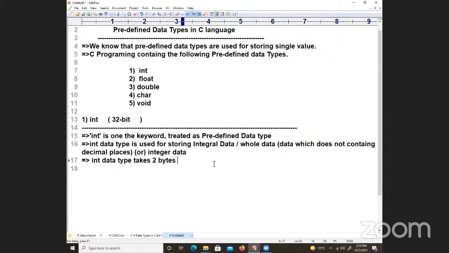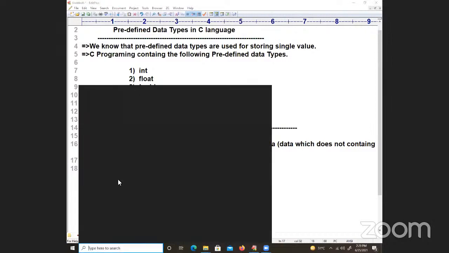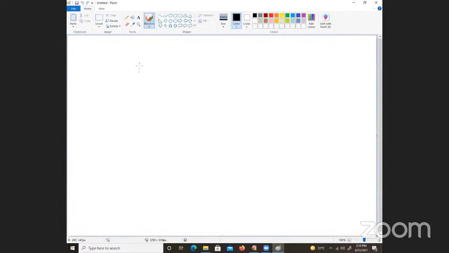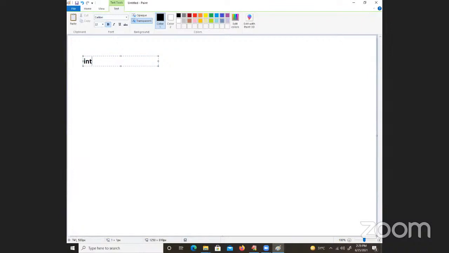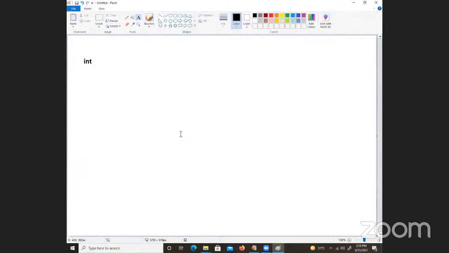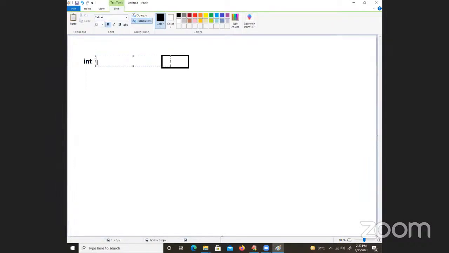2 bytes. Dear students, I just want to give clarity. When 2 bytes of memory space are taken, let me give you one wonderful calculation. Whenever I say int, memory space is created. This much memory space is created. That is purely dependent on your computer organization, whether a 32-bit or 64-bit register.